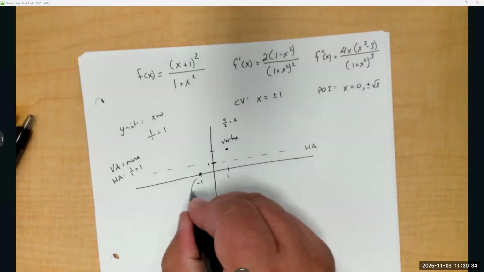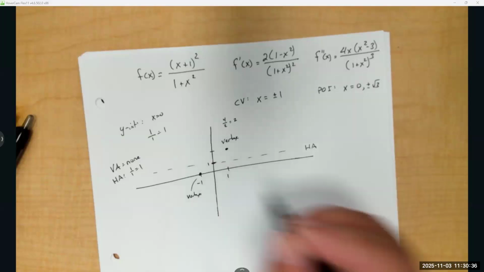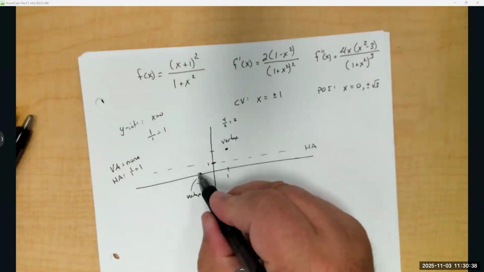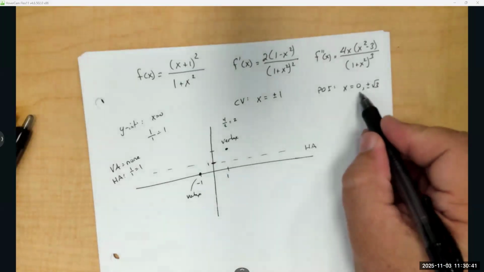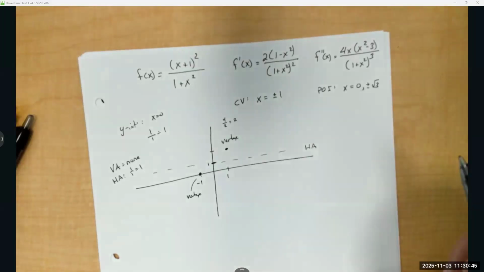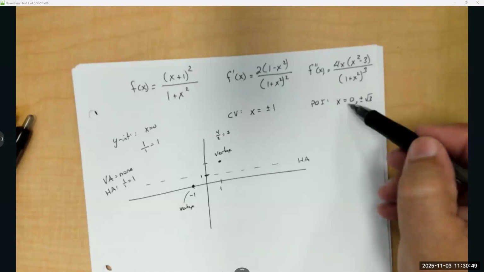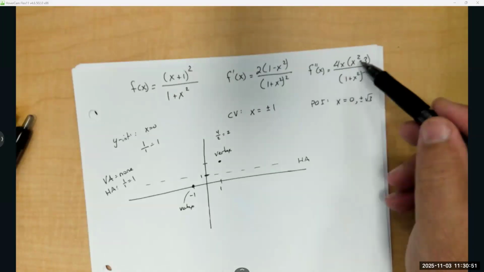That's also our vertex. So at 0, when x is 0, our point of inflection is at 0.